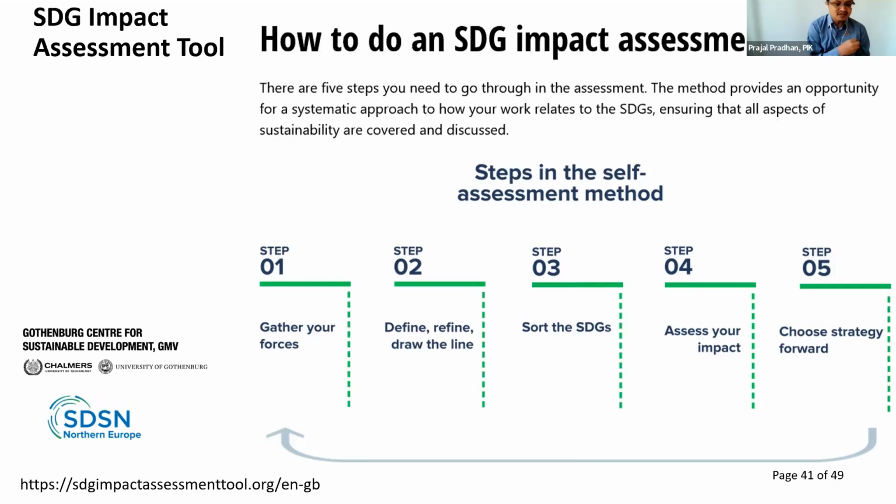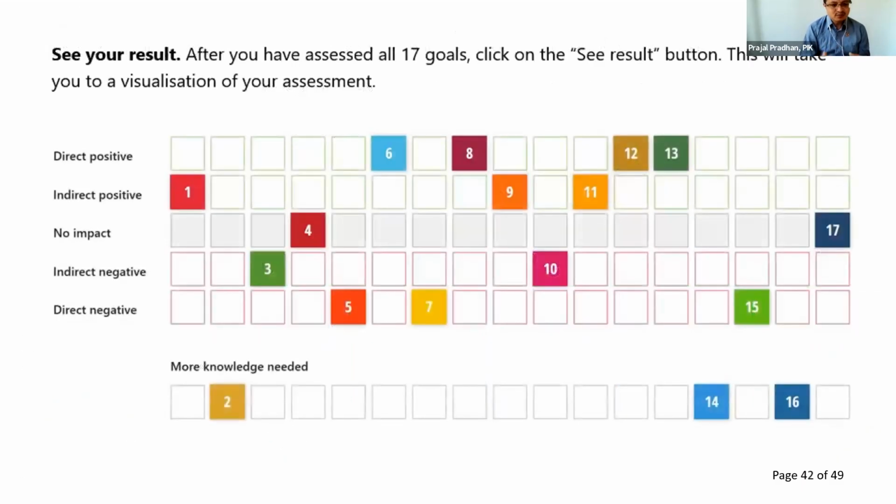This is not so much about SDG interlinkages, but more about interlinkages of a certain thing with the SDGs. They provide information from direct positive to direct negative interlinkages, and then one can assess this for a certain strategy. So you can also have a closer look if you are interested in that.